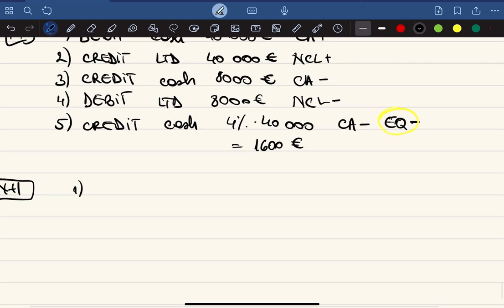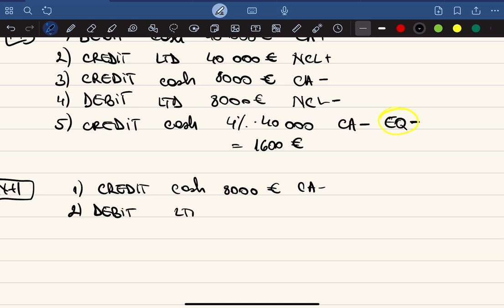So first thing, you credit the reimbursement, credit cash 8,000 euros, current assets go down. Second, you debit the long-term debt 8,000 euros, non-current liabilities go down.